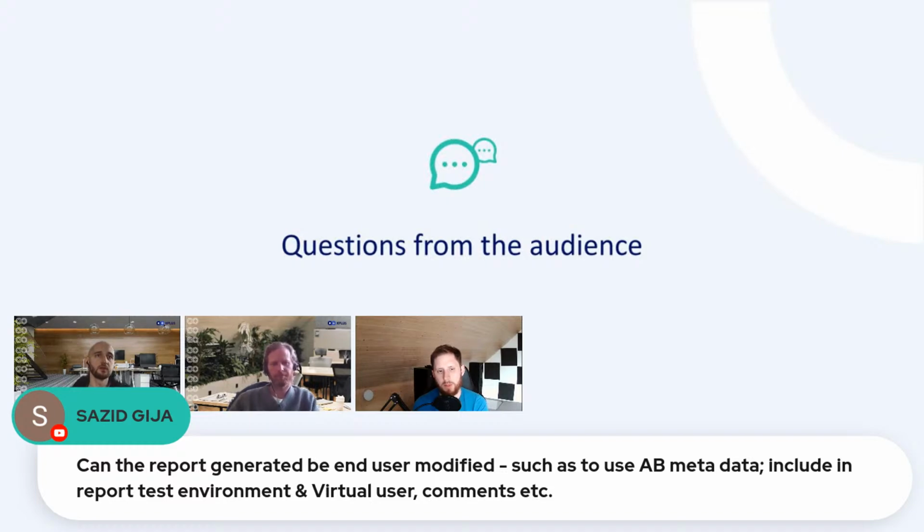To continue on here, it says to be used as AB metadata, like to include test environment, virtual user comments, etc. And that's included in the documentation. Regarding documentation, if you think about the report that you create from Dynamics, that's a separate story.